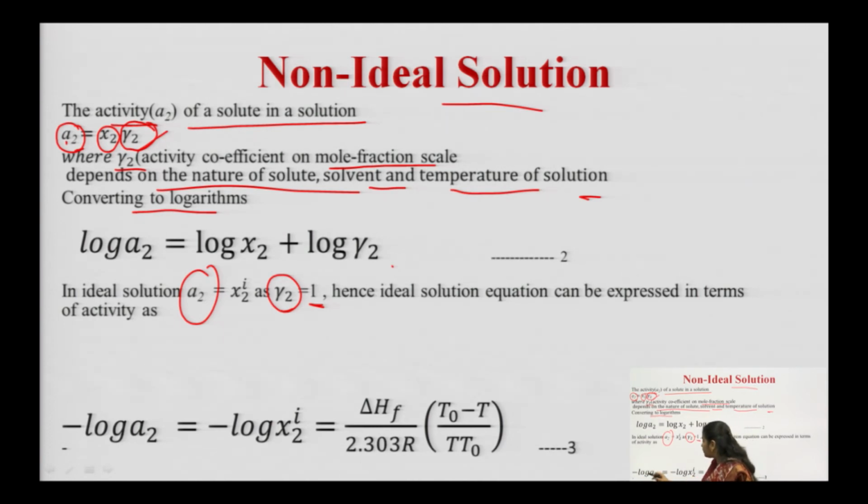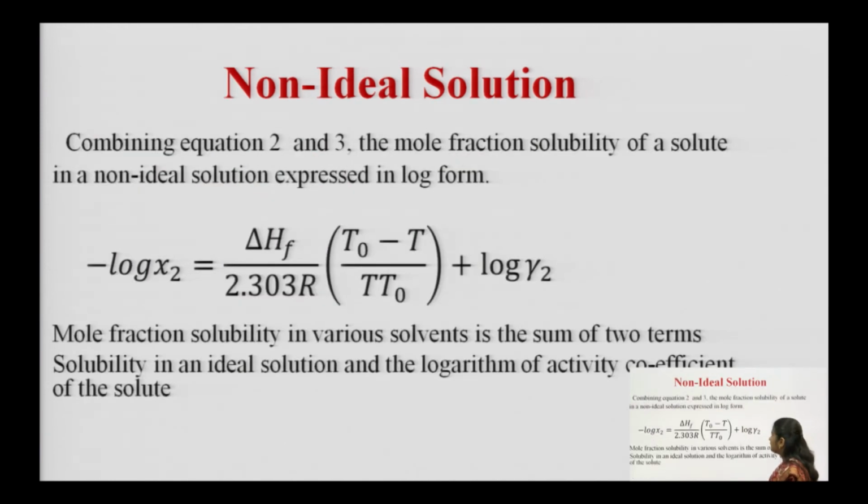So, minus log a2 is equal to minus log x2 i is equal to delta Hf divided by 2.303 R, times T0 minus T divided by T T0. R is the gas constant, and all these terms were explained previously.